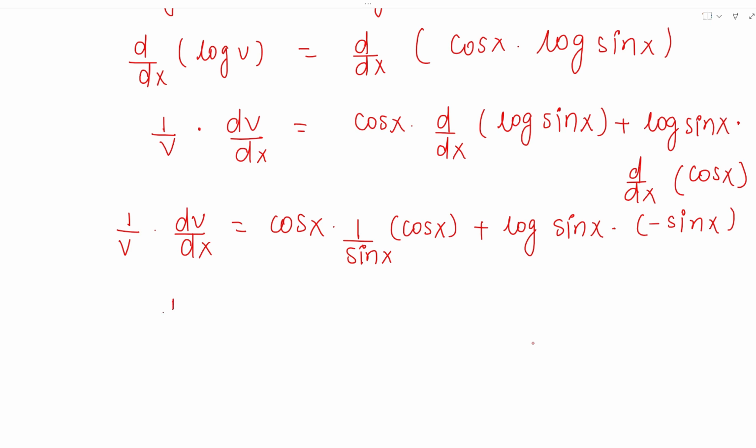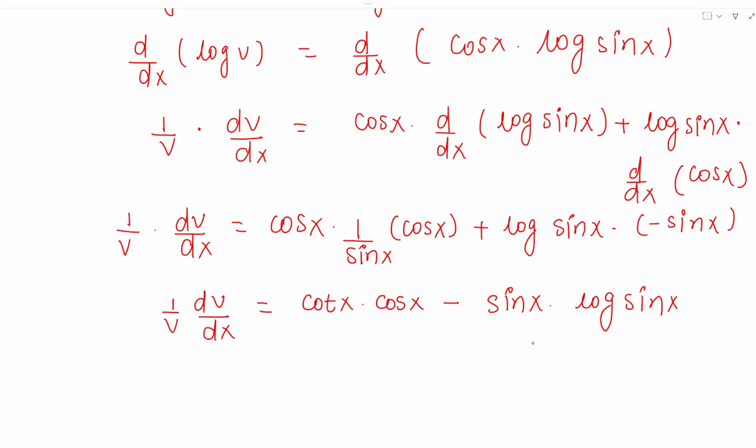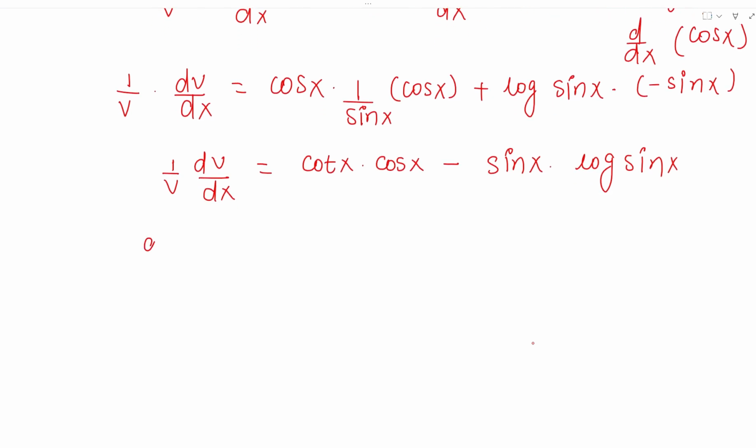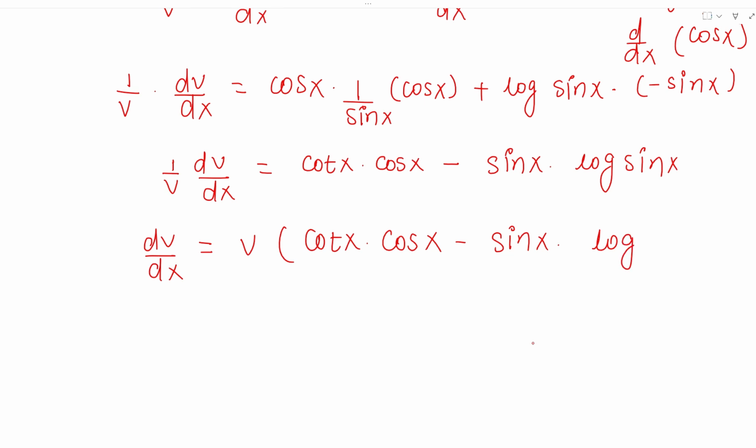So here 1 by v dv by dx equals cos x by sin x, which can be written as cot x, into cos x minus sin x into log sin x. Now dv by dx equal to v times cot x into cos x minus sin x into log sin x.